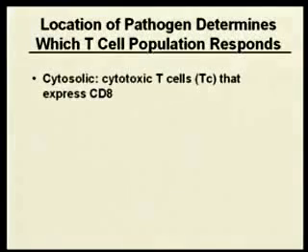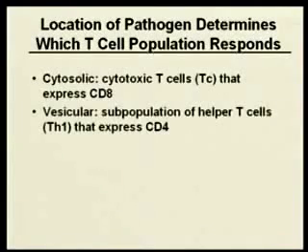So it gets rid of the virus by killing the cell that's infected. However, if it is vesicular, you can have two different responses. You can have a subpopulation of T cells known as Th1 that express CD4. They will become activated. They will then initiate the cell-mediated response to clear this pathogen.